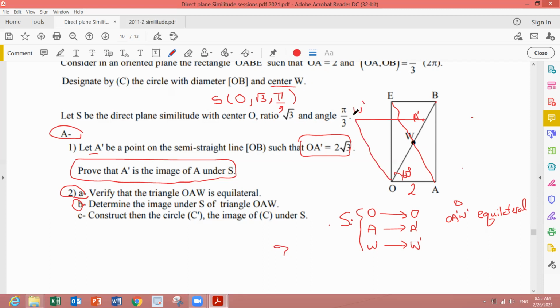This is W prime. OA prime W prime is an equilateral triangle.